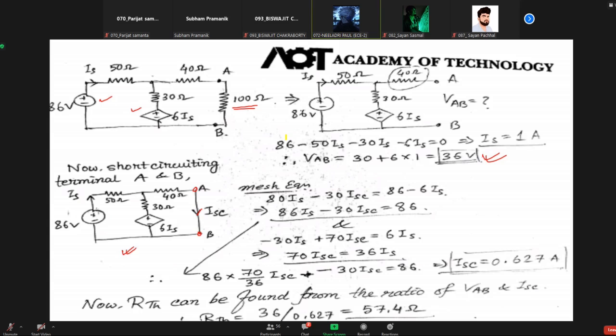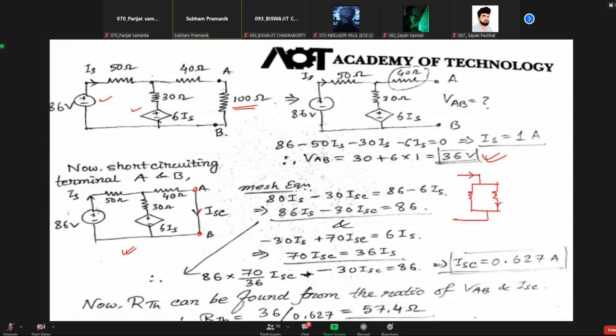Current division is applicable only when two branches contain resistors or impedances like this. Suppose a current is flowing and you have two branches like this. If you require current in this branch, then you can apply current division.